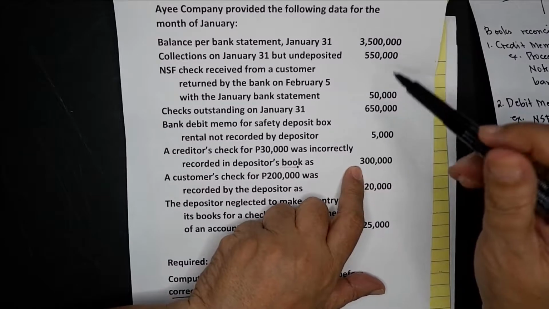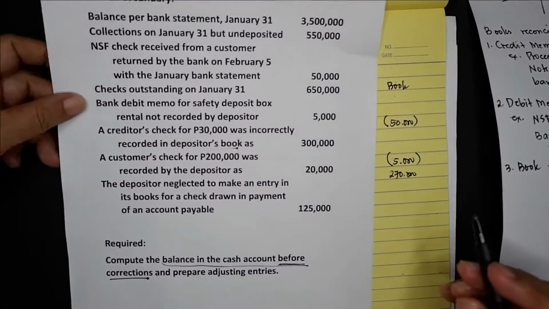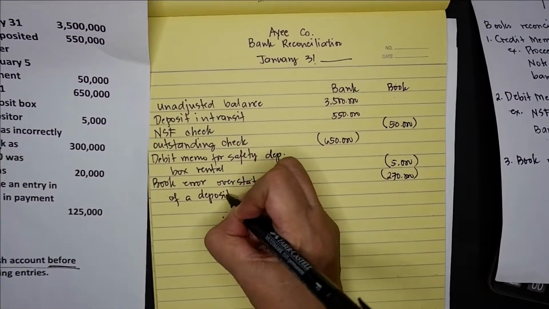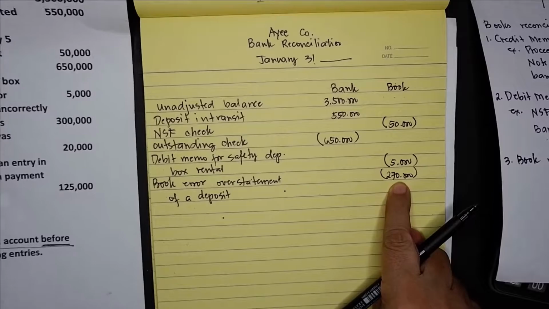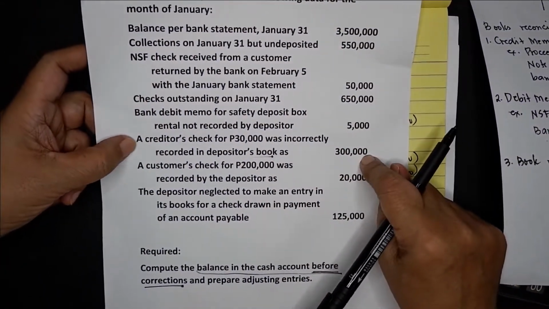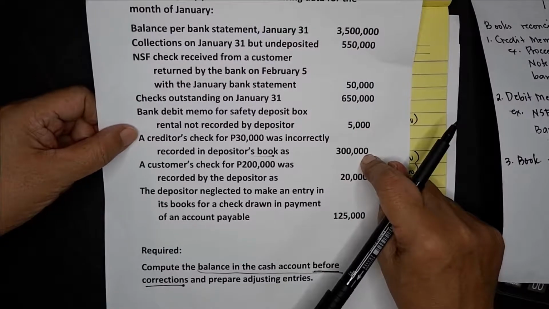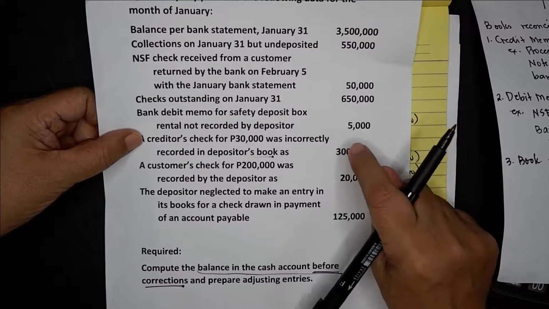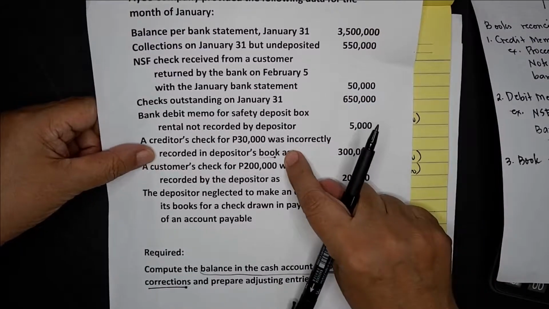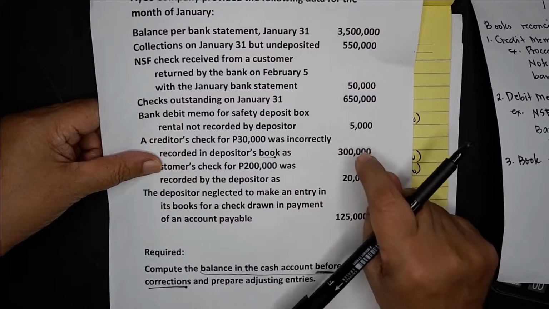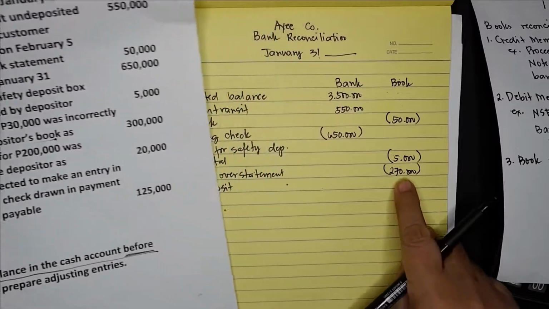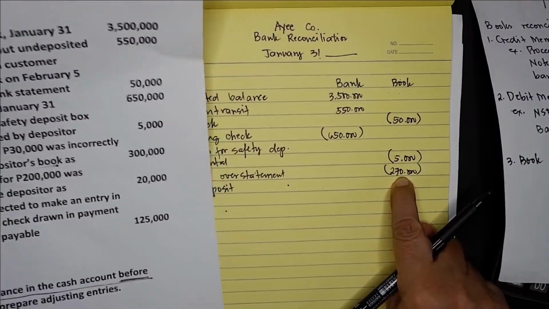So we have an overstatement of a deposit, so that is minus. Again, it should be plus 30,000, but the company recorded plus 300,000. That is why it is minus 270,000.